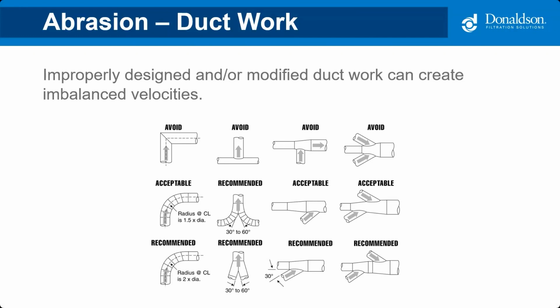And so if you have a 90-degree turn in there instead of a recommended curve turn, it's going to add static pressure to the overall system, and your fan's not going to be able to pull as much air. You're not going to get as much dust pickup, et cetera. So really making sure you're properly designing your ductwork is going to make a lot of difference with abrasion and just overall system performance.